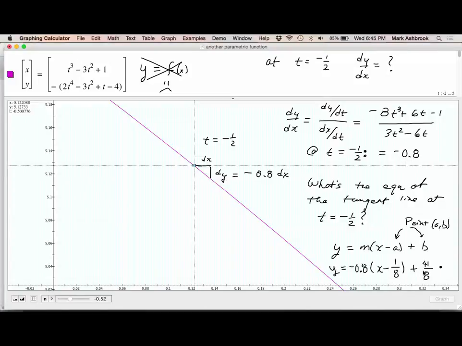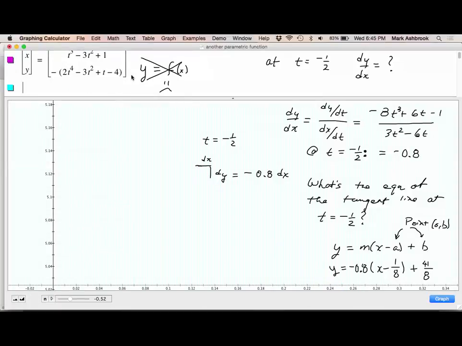We don't have to make it in mx plus b form. This is just as valid. So if I graph that line, y equals negative 0.8 times x minus 1/8 plus 41/8, what should we see?